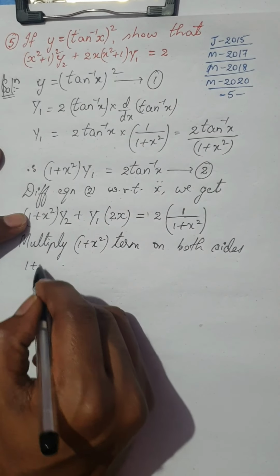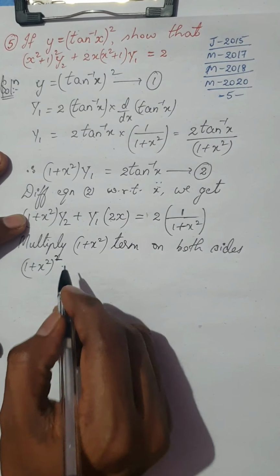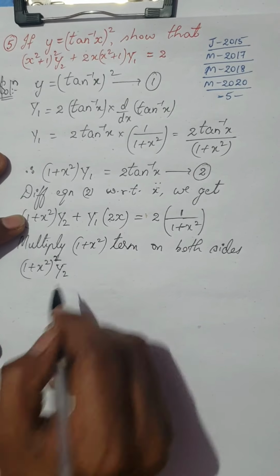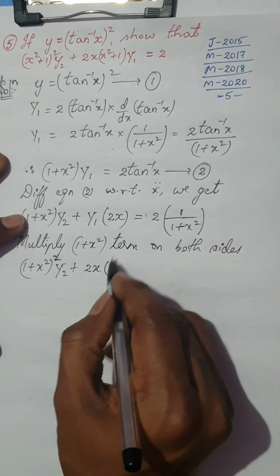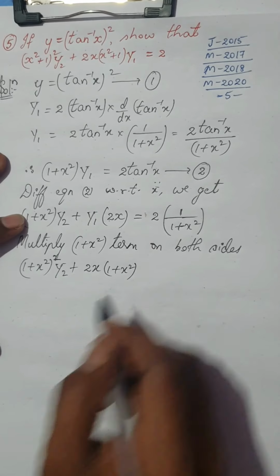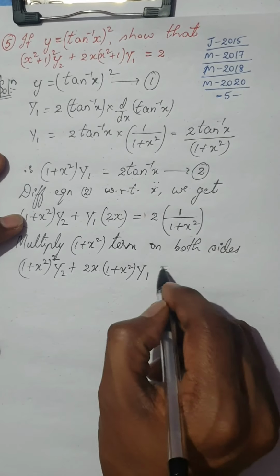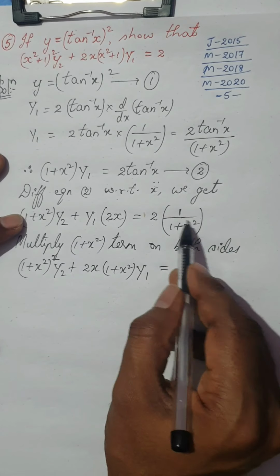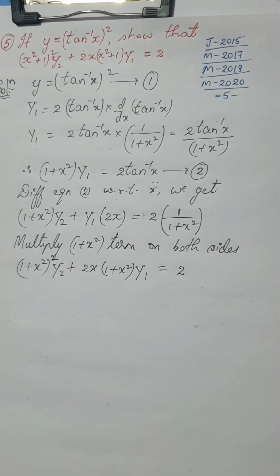Now I already have a 1 plus x square term here. If I again multiply, I will get 1 plus x square whole square into y2, plus, for 2x, I'm going to multiply 1 plus x square. Now y1 is as it is. Now for this term, if I multiply, numerator and denominator will get cancelled. I'm just going to get 2.